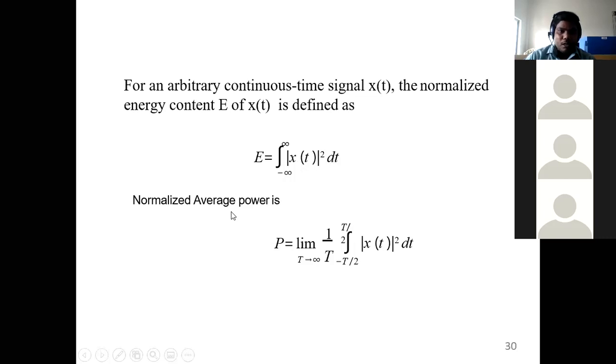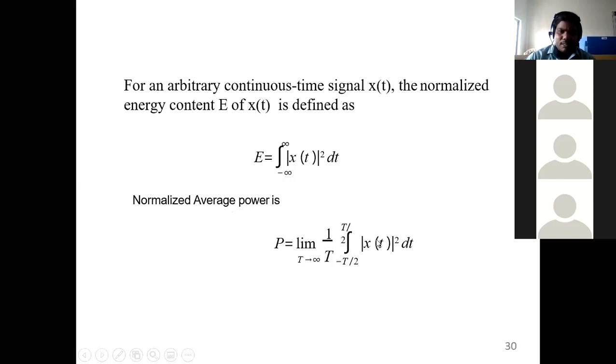So the normalized average power is obtained by considering this formula, that is capital P equals the limit T tends to infinity of 1 over T times the integral from minus T by 2 to T by 2 of magnitude of x of t whole square dt. Here x of t is the input signal.